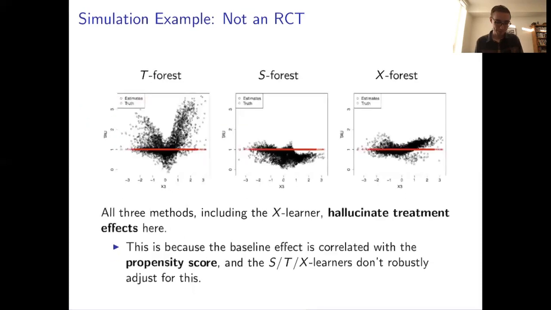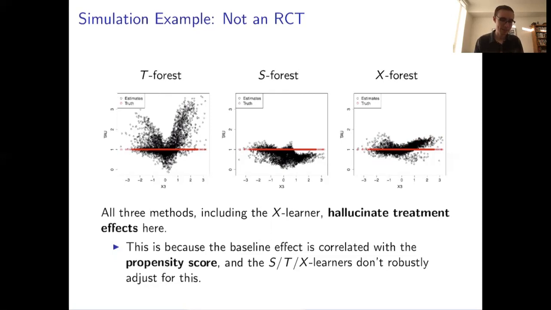So what happens? Well, the T forest is outright terrible. The S forest is also outright terrible. The X forest here isn't quite as bad, but it's definitely not good. The X forest thinks that there are bigger treatment effects here than here, for example. It seems to be finding some heterogeneity where there is none.